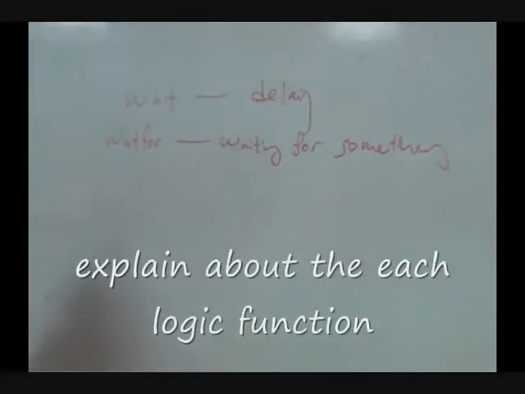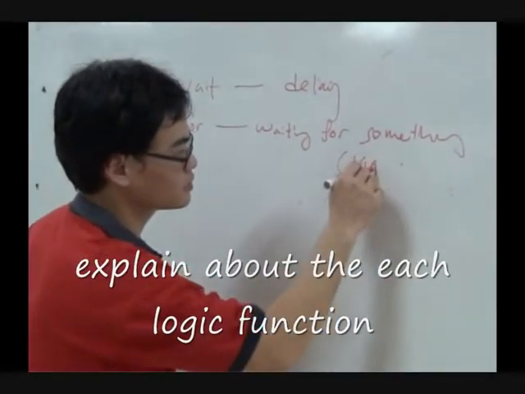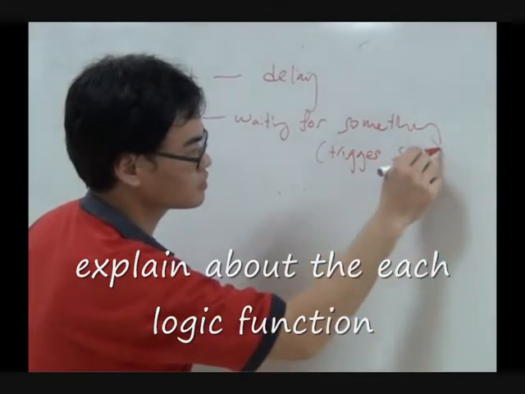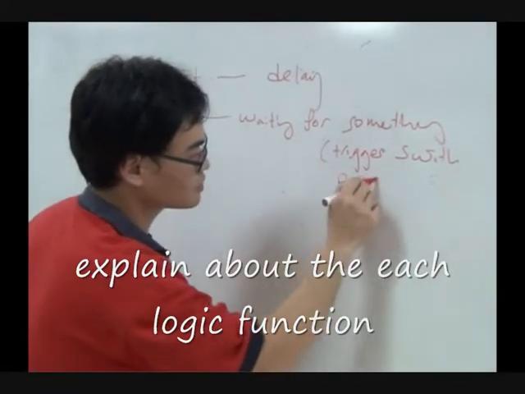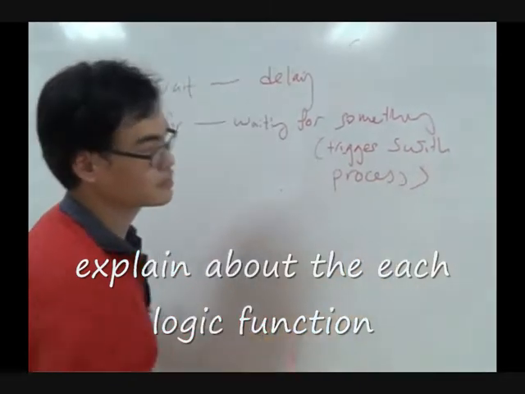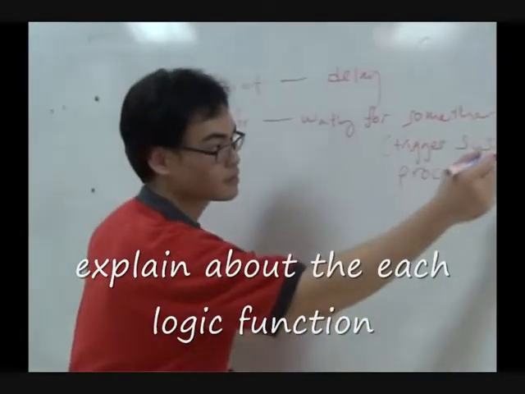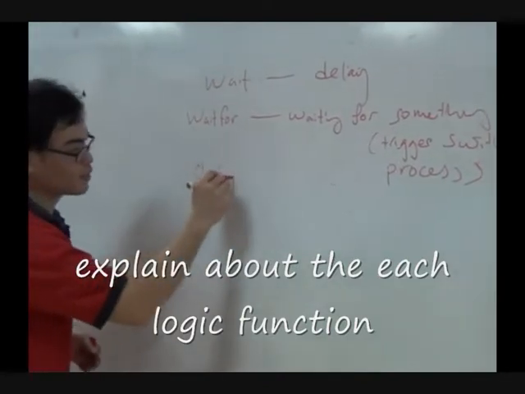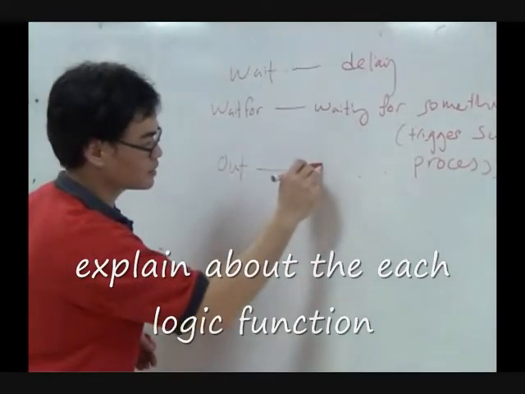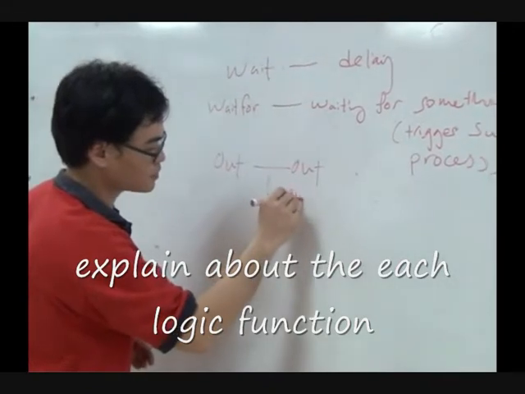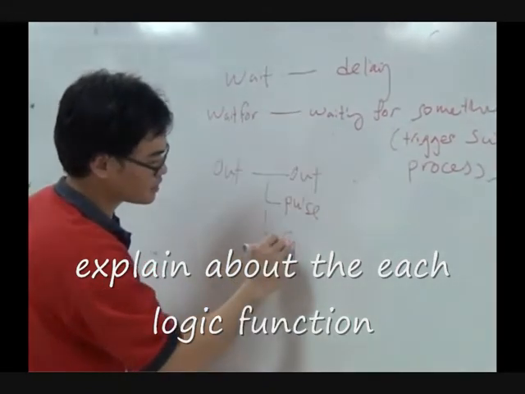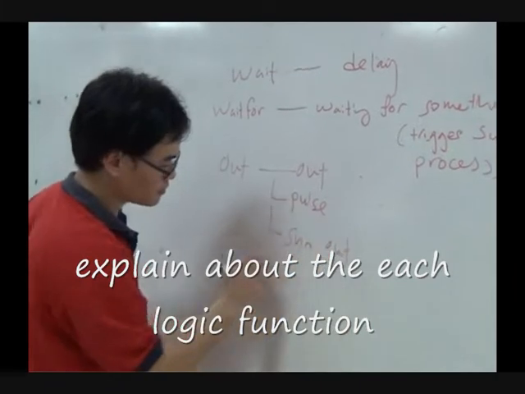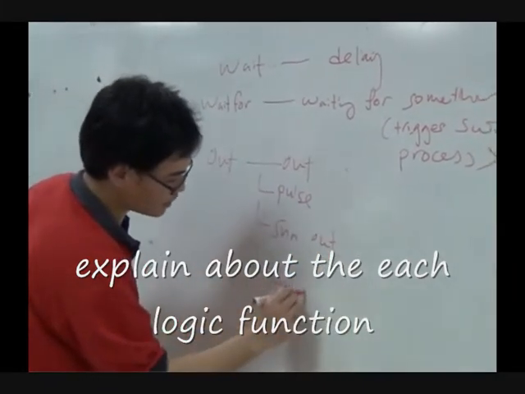It can be a switch, or process, and inside this we have 4 items: out, pulse, synchronized output, and synchronized pulse.